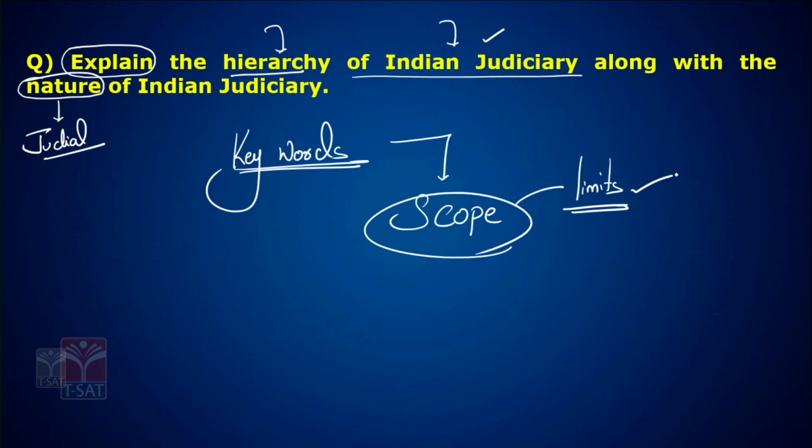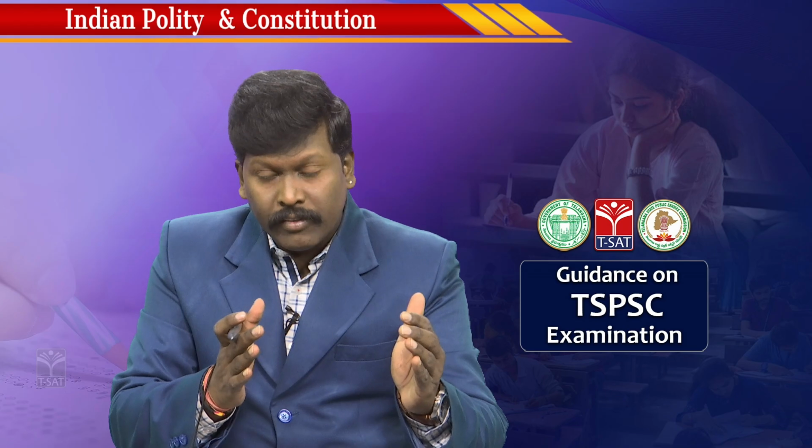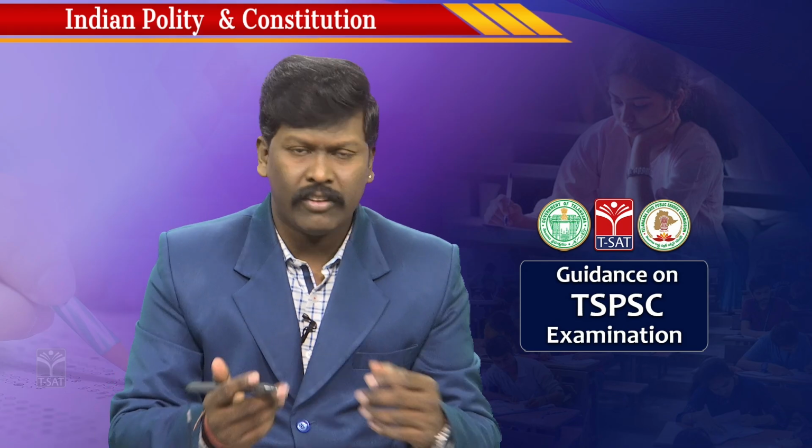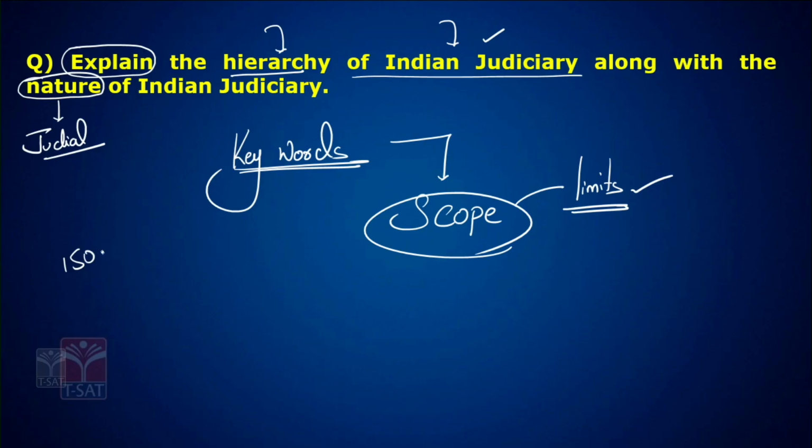We will know how to concise our answer, because it is just a 10 marker. You need to write 150 to 180 words. So you can concise the answer when you know the keywords of a question. This question talks about explaining the hierarchy of the Indian judiciary along with the nature of the Indian judiciary.